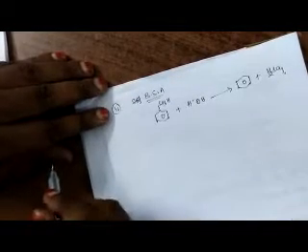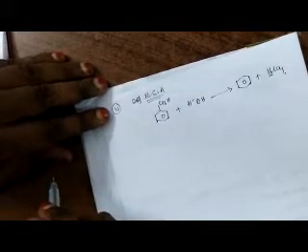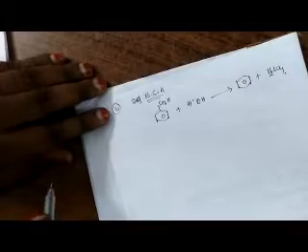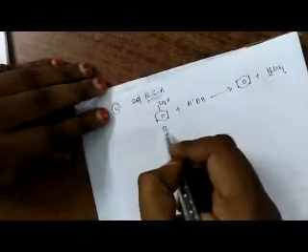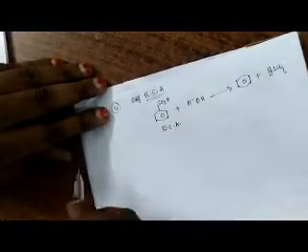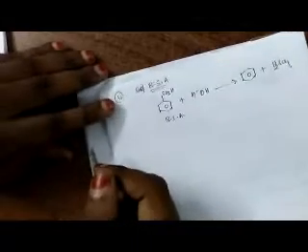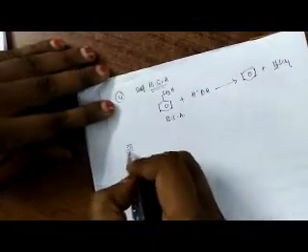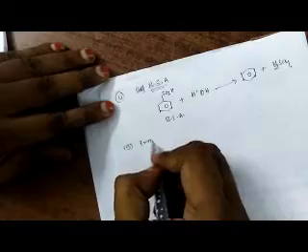This is the general method of preparation of benzene from benzene sulfonic acid. So the fifth method is from acetylene.